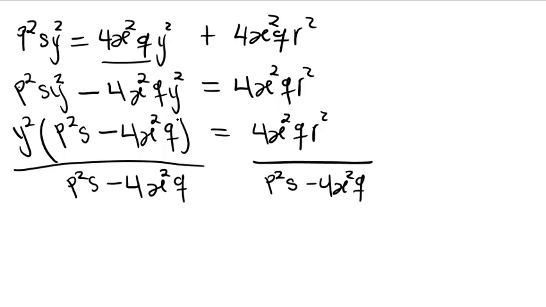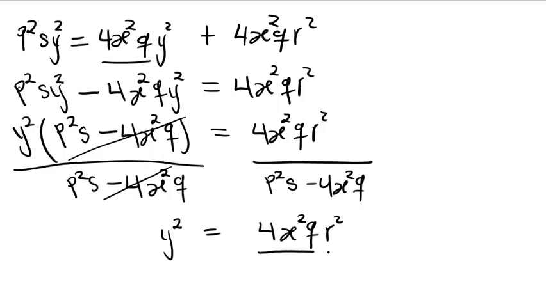In that case, this is going to be cancelled. Now you are left with y squared being equal to 4x squared q r squared all over p squared s minus 4x squared q.